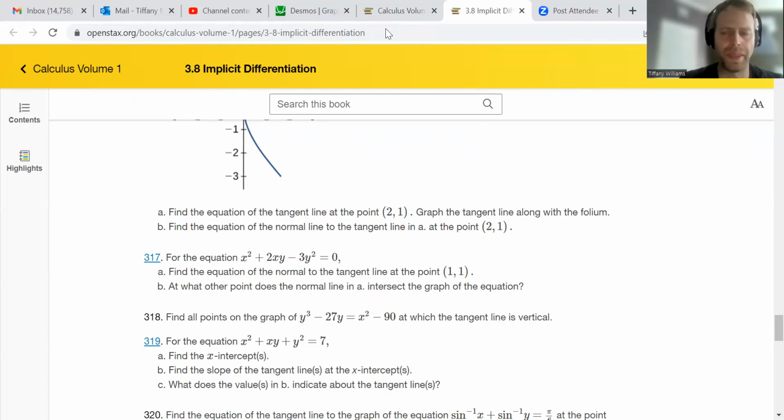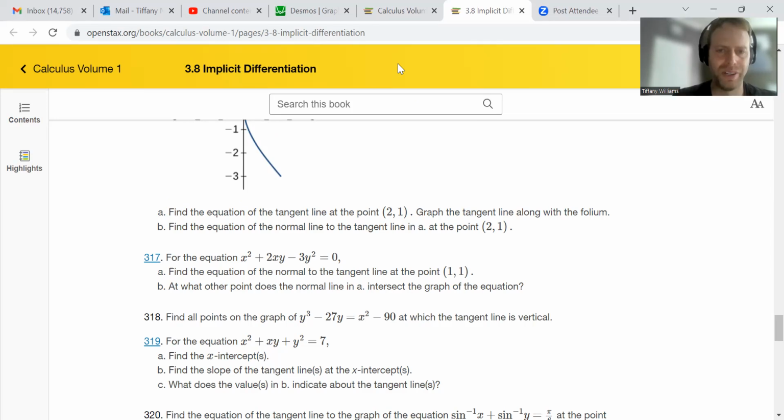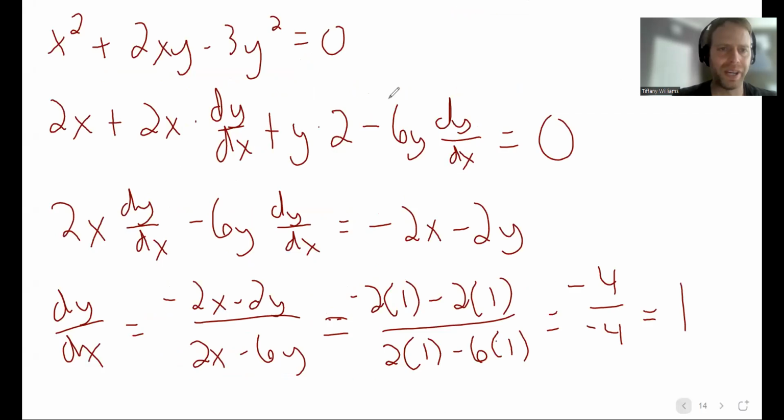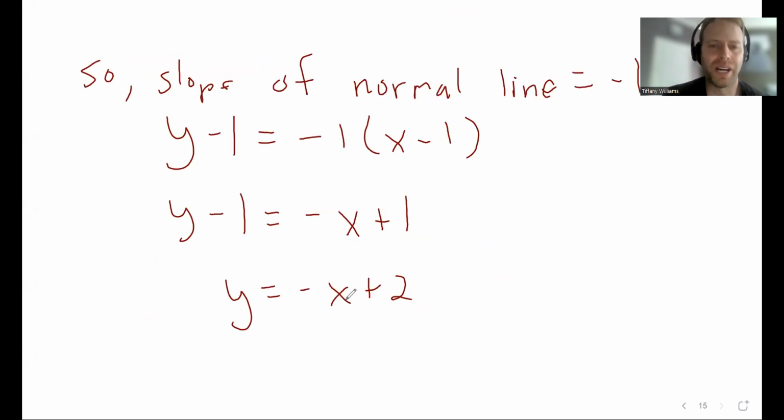Well, we want to make sure, okay. So remember, we've got our original equation here, right? Okay. And we want the y. We know that the normal line has this equation, negative x plus 2.